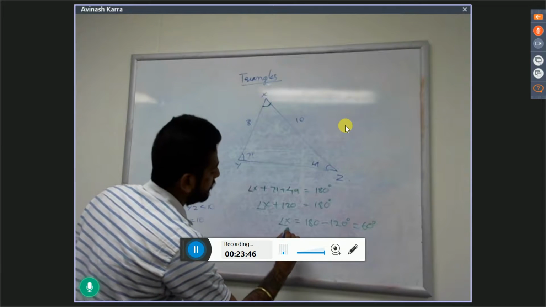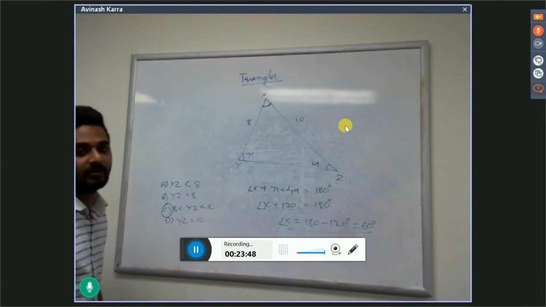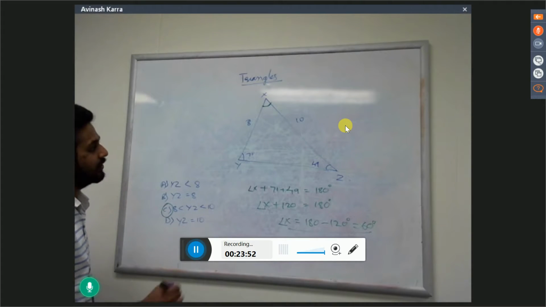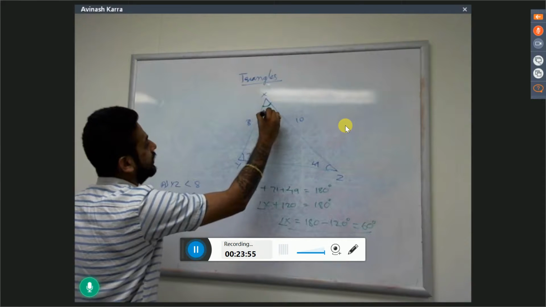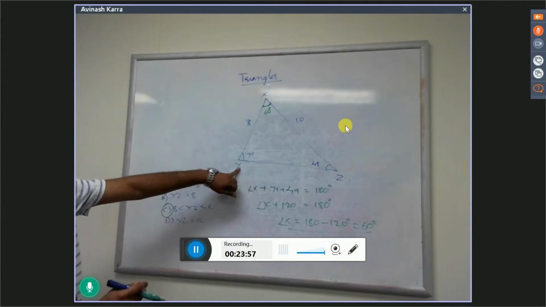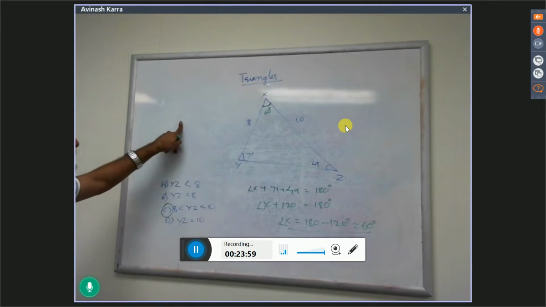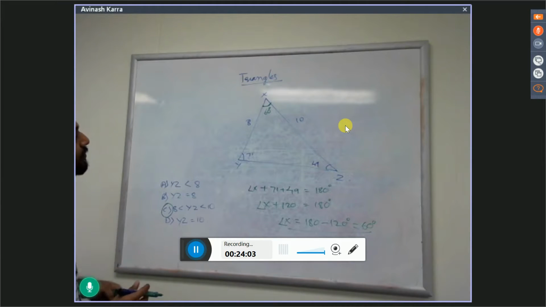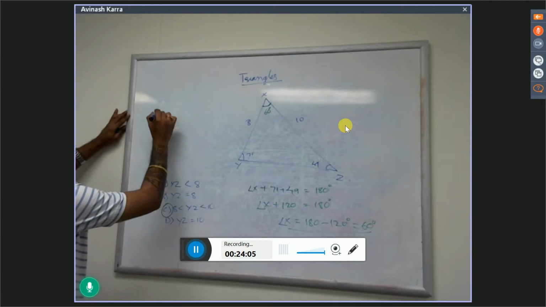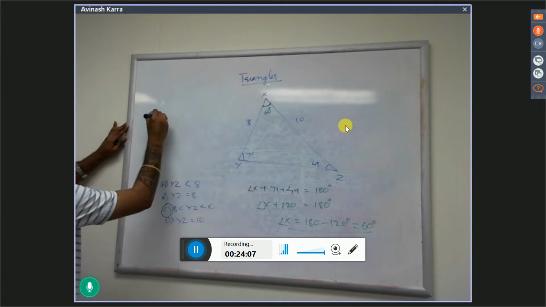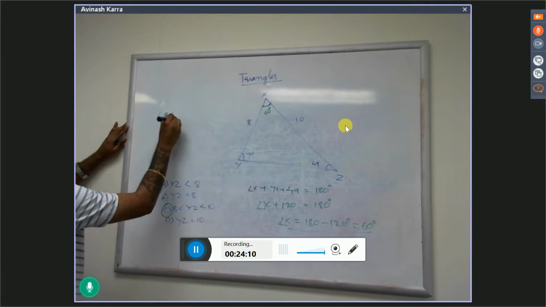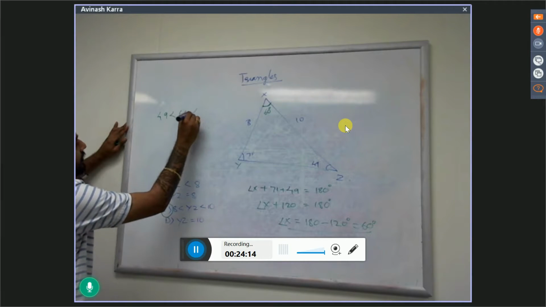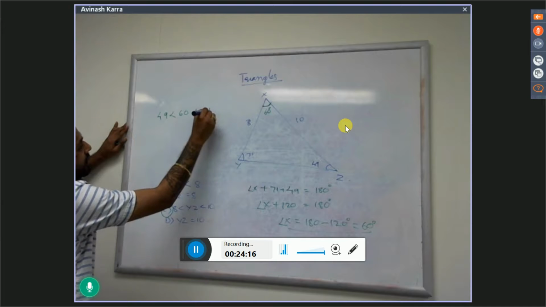Is it clear till this point? Yeah. Okay. So, do you remember the relation which I wrote just before with respect to angles? So here, what is the case? 49 is less than 60, less than 71. Yes?